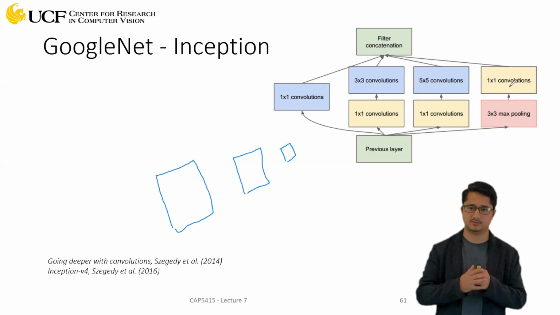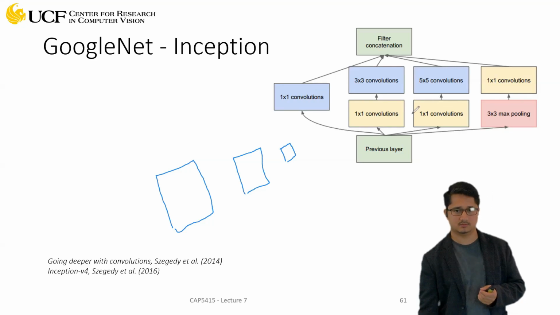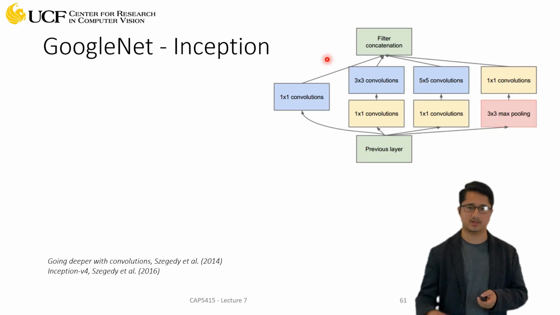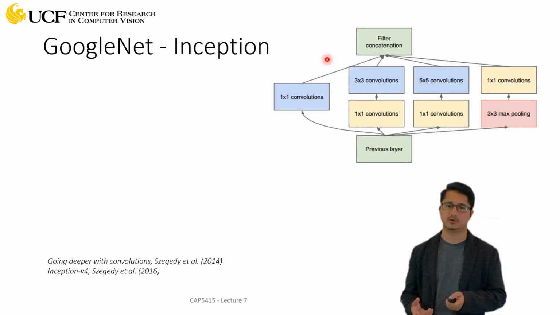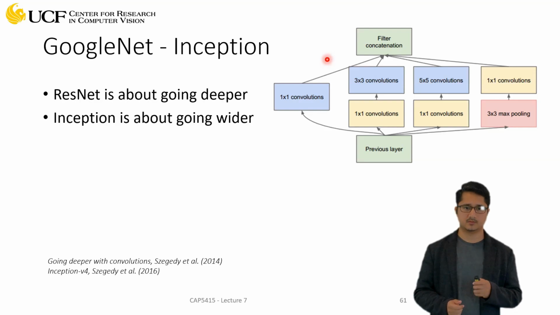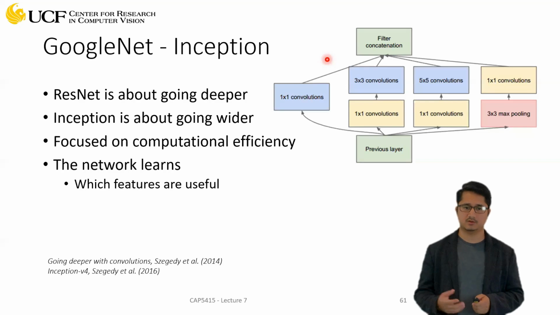These are different variations, and you do all of these in a single layer. As I said, ResNets were trying to focus on deeper networks, and InceptionNet is trying to create wider networks to be invariant to those scale changes. This kind of architecture is more efficient as well.